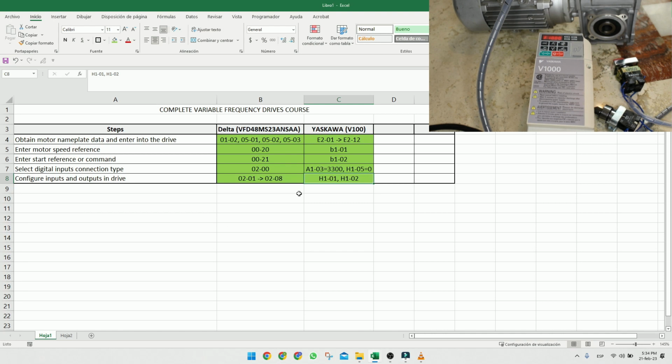It's not much science to this, guys. So each parameter is going to depend on each company, as you already saw. It is a huge list of parameters. Okay? Now, I only showed you the most useful ones in the field, and the most important ones to start the motor, to start the fan, etc.